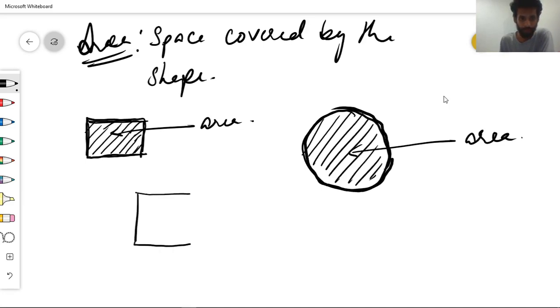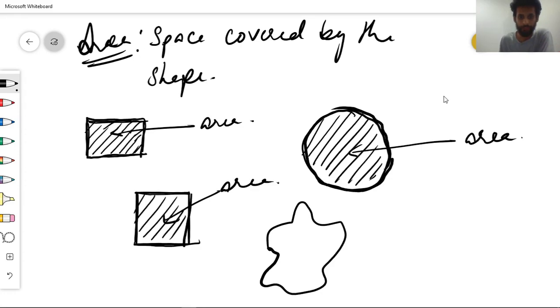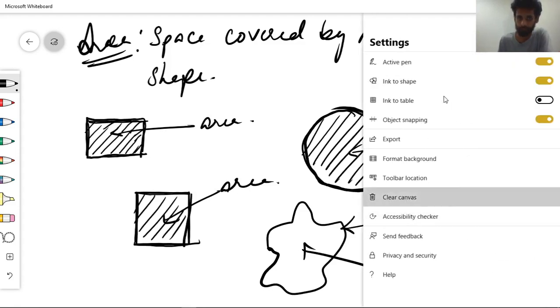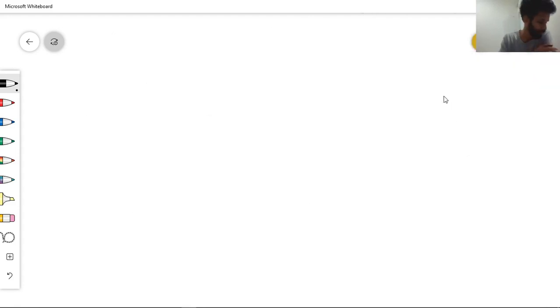If this is a square, the outer part is the perimeter, but the inside part is the area. If this is a figure, the outer boundary is the perimeter, but the inside part is the area. So these two are the things. Now the formulas, some general basic formulas we will get.